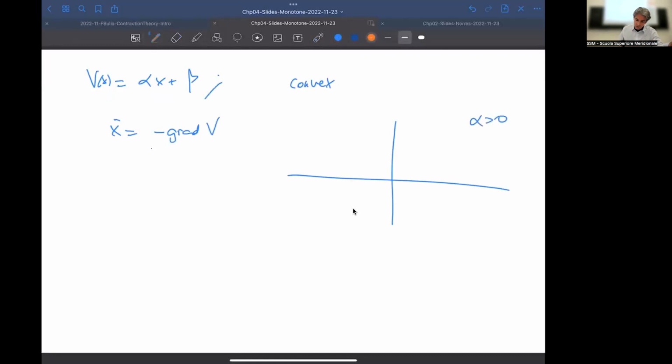Well, that function is something like that, right? This is v equal to alpha x plus beta. This point here is beta, because when x is 0 there, and this angular coefficient here is described by alpha. Where does the minus gradient flow go?